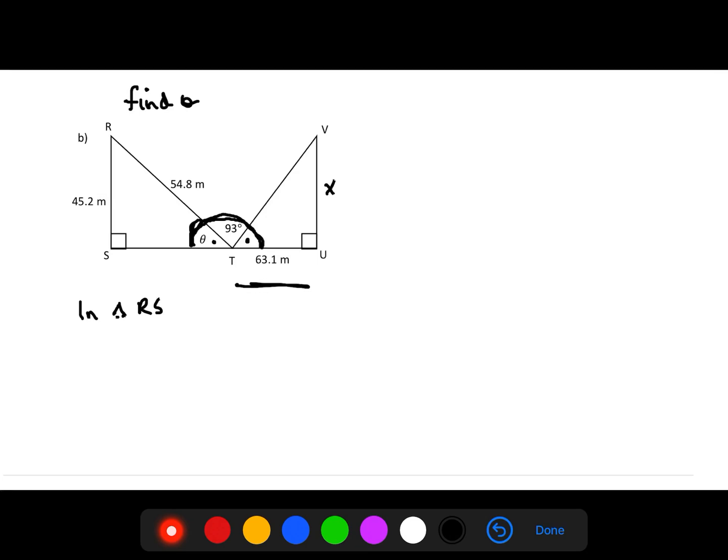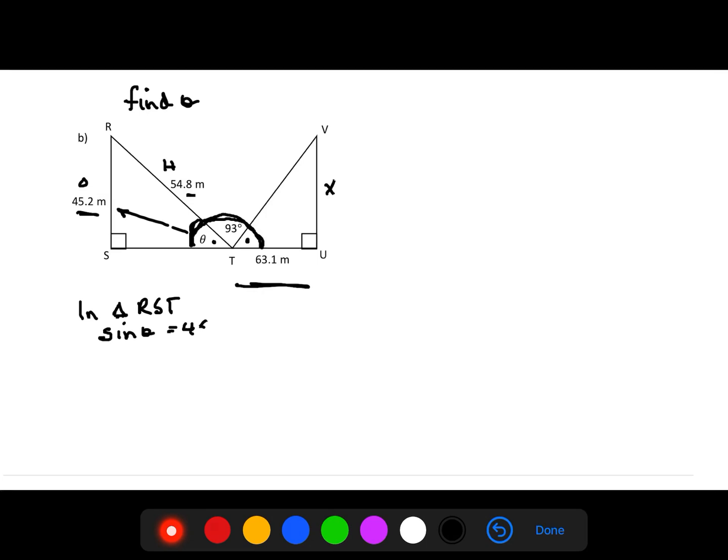So, looking at triangle RST, we have two sides. We have our 54.8, we have our 45.2. So we can find theta using those two sides. Relative to theta, we have our opposite and we have our hypotenuse.